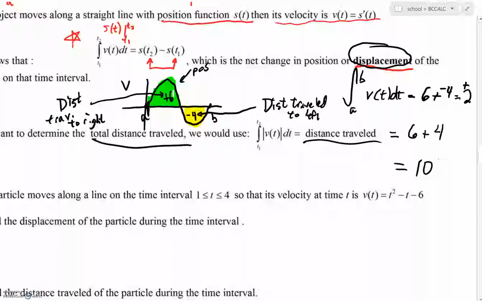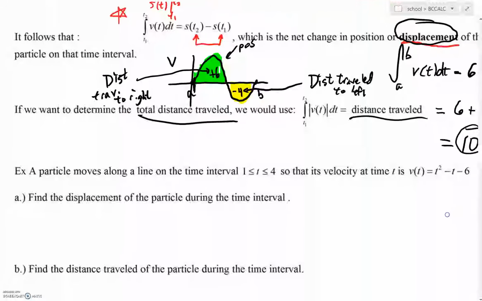This would be 10 units of travel altogether. So if you're going to work out total distance traveled, find out where you have negative area, convert it to positive area, and then add it together. With displacement, honestly, you don't even have to find out where your curve is positive and negative. You could just work it out directly.